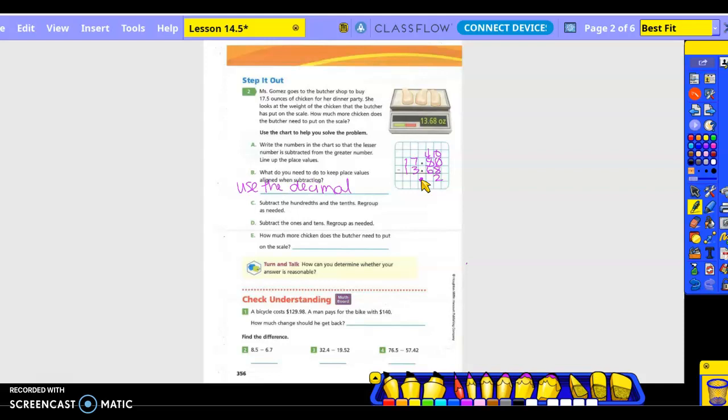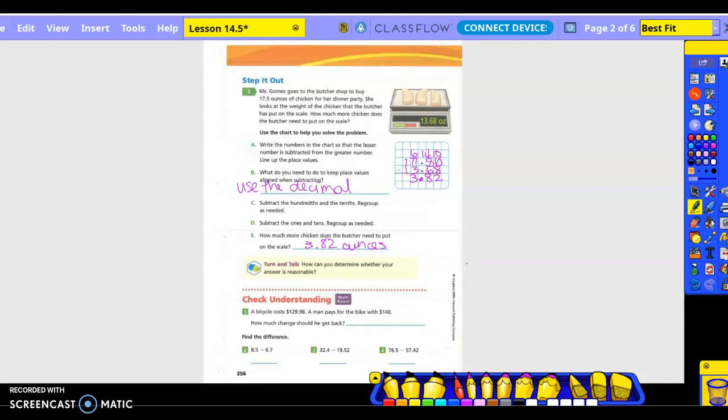Can I take 6 from 4? No, so this becomes a 14, and this becomes a 6. 14 minus 6 is 8. 6 minus 3 is 3. So, how much more chicken does the butcher need to put on the scale? Not pounds, ounces. So 3 and 82 hundredths ounces.